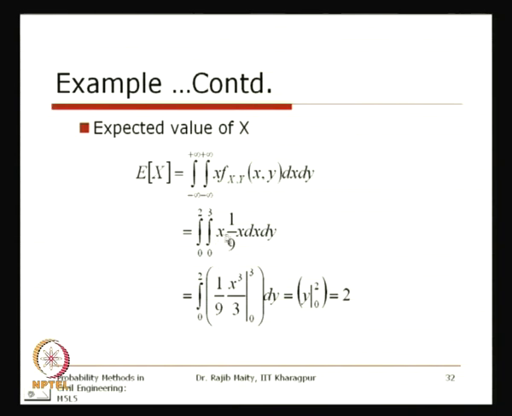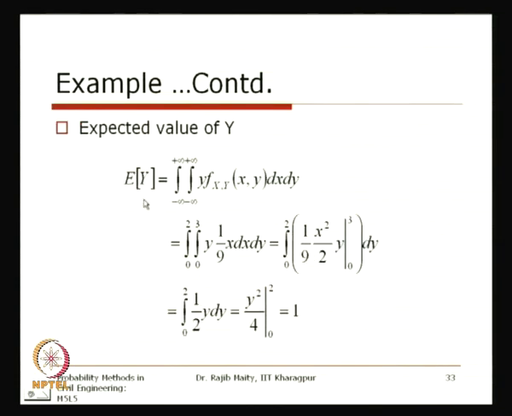This is the entire range, and if we do this integration with respect to x and then y, ultimately we will get that expectation of X is equal to 2. Similarly, if we take the expectation of Y, following the same expression, we will get the expectation of Y is equal to 1. So, we got the expectation of X, expectation of Y and expectation of XY.